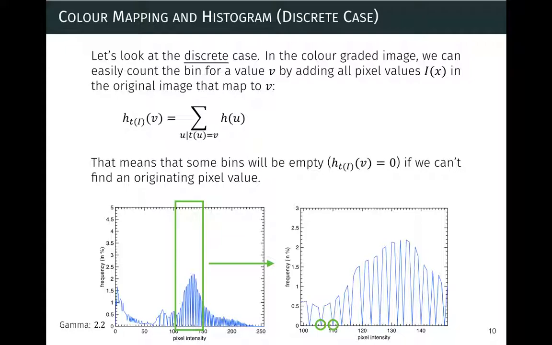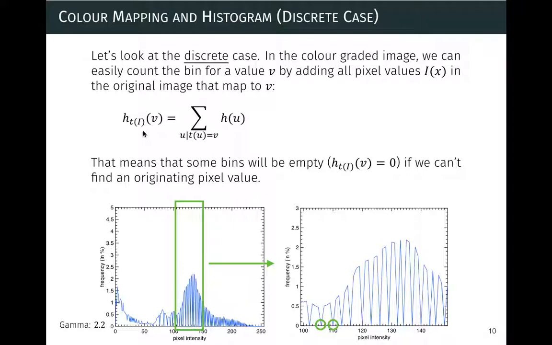I just wrote here the formula for computing directly the histogram of the transformed image. Try to forget about the picture. I'm just looking at applying this color transformation. I already have one histogram, and I want to predict what the next histogram should be without having to recompute the picture.